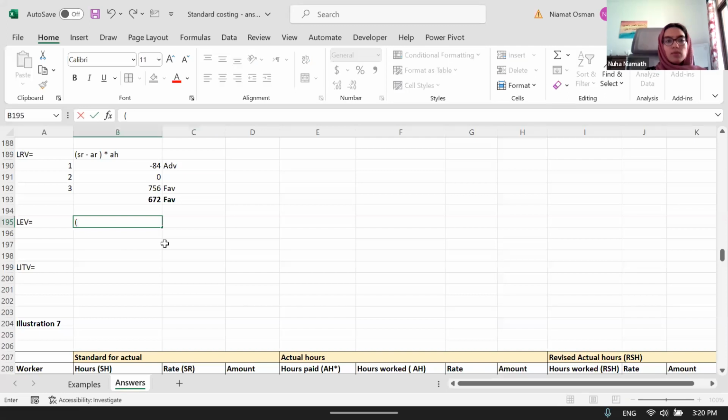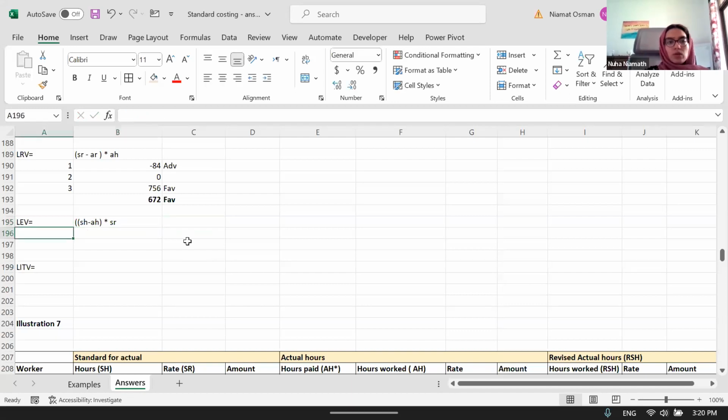Quickly tell me the formula. Formula for efficiency variance: SH minus AH. So, okay, we have 1, 2, 3.